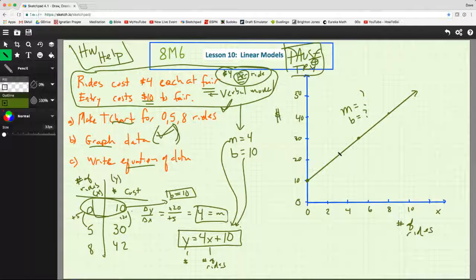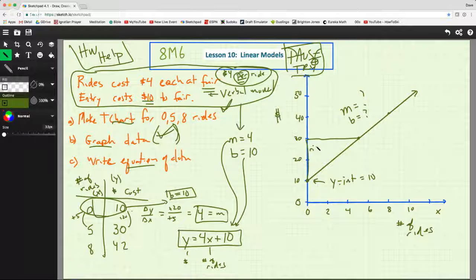Finally, from the graph, we could have made the equation. We know that this is our y-intercept, equals 10. And then our slope we could have calculated from any 2 points. So let's take these 2 points here and do our rise over our run.